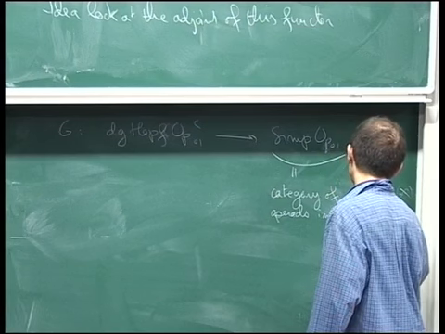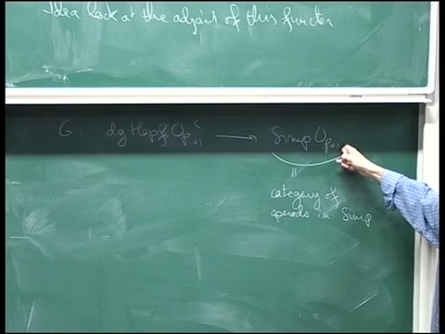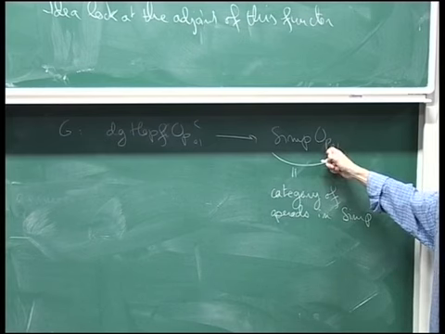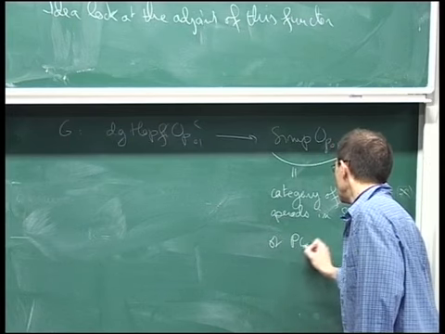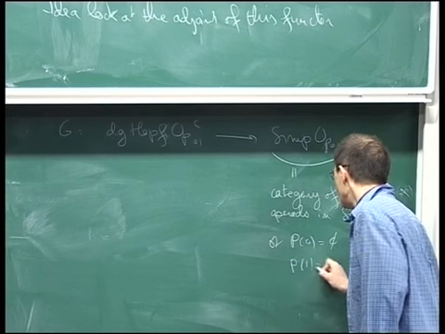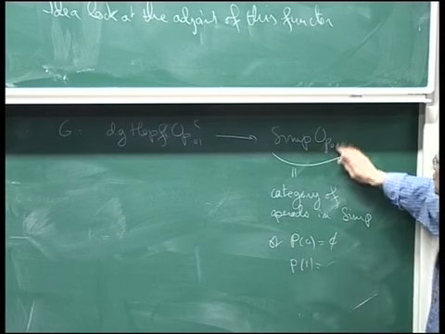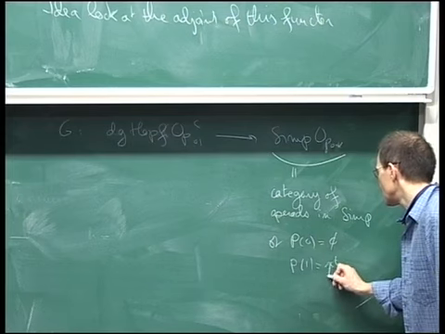And (0,1) says that I'm restricting myself to operads where P(0) is the empty set, and P(1) is the unit, the one-point set.